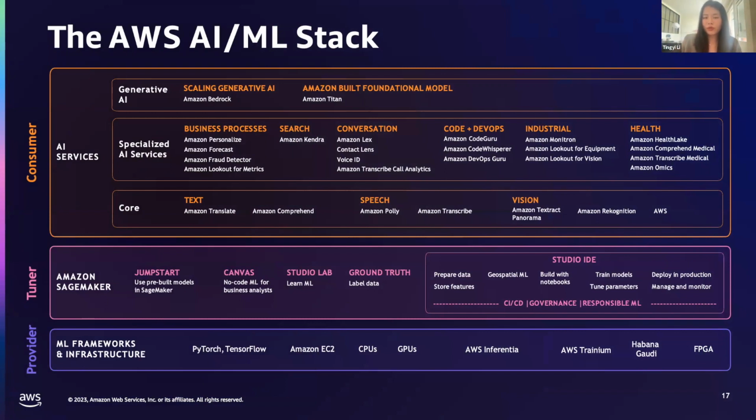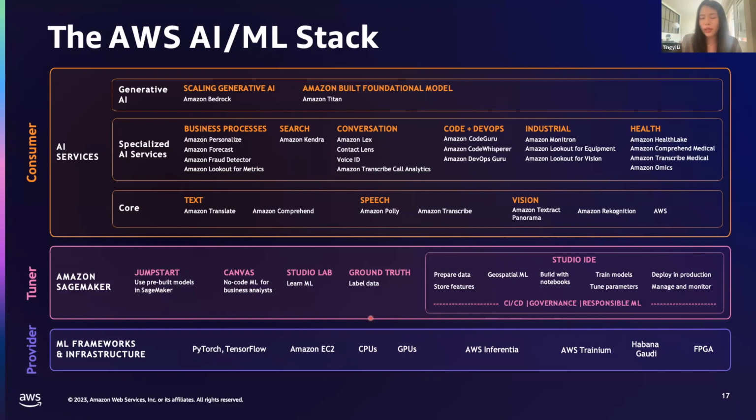If you are really experienced, you have down here the infrastructure, where you get access to the containers, the different frameworks, and of course hardware. You customize everything yourself, you run the notebook, and then you host it on some EC2 instances.